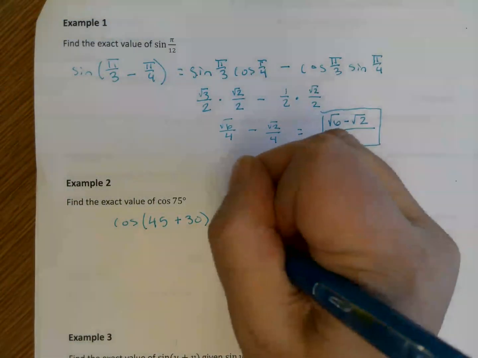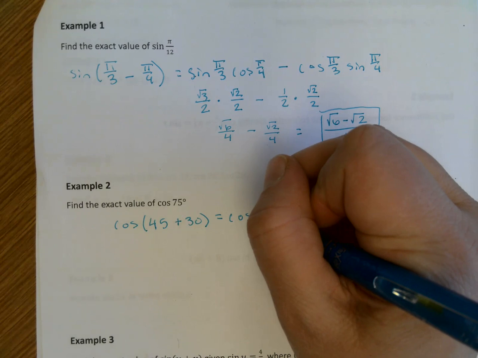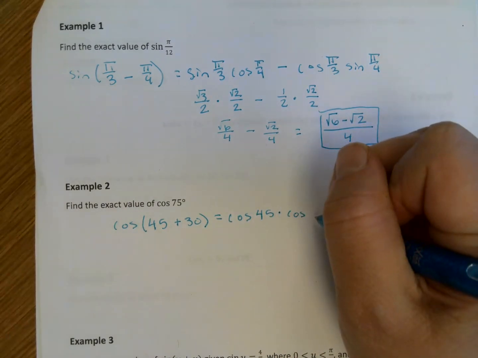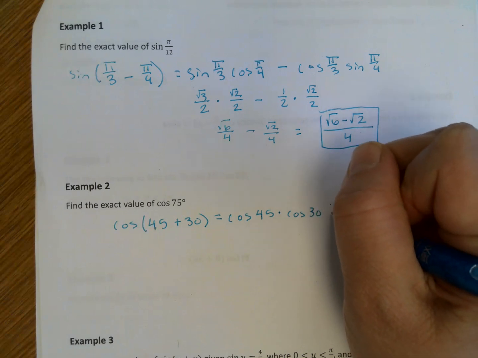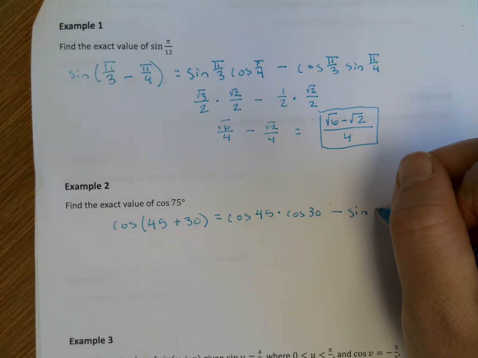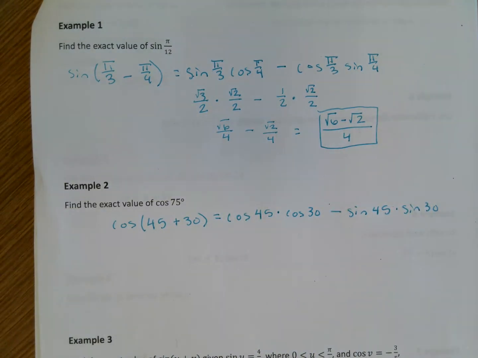So if I have cosine of my addition, it's cosine of my first value. That's my u value. So the cosine of 45 times cosine of my second value, which is my v value, 30, minus sine of my u value, which is 45, times sine of my v value, which is 30. And you simplify each one of those.